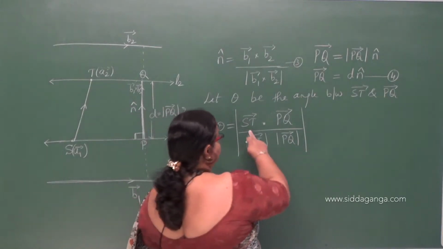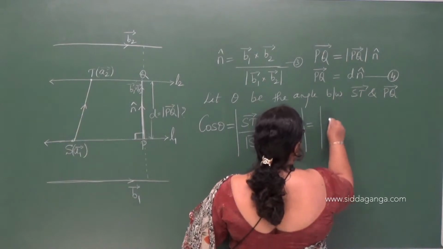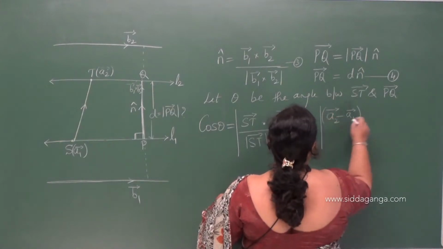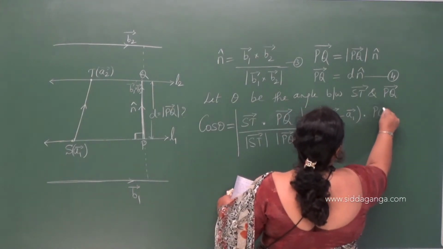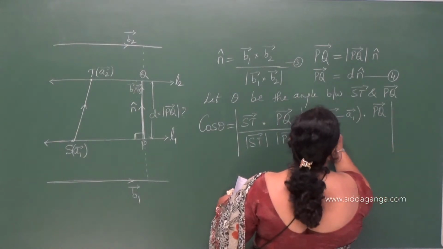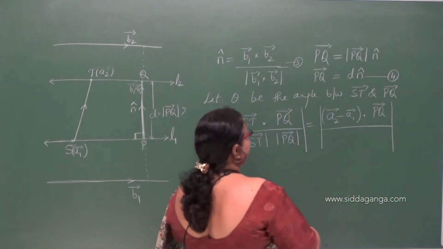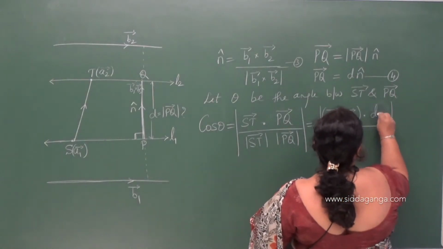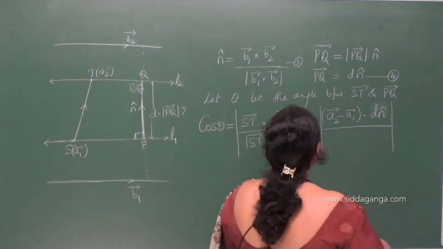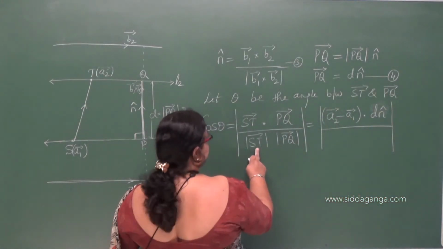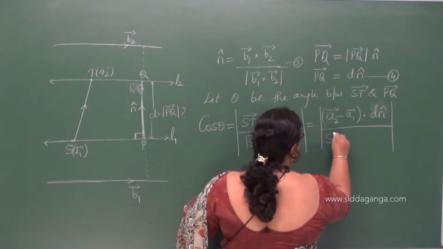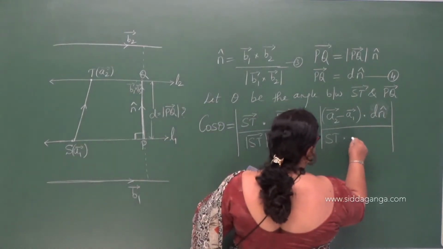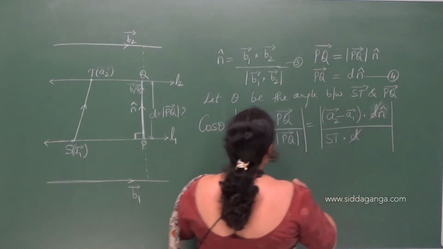So here ST vector position vector ಗೆ ಬರೆದ್ರೆ A2 vector minus A1 vector dot vector PQ, divided by, so PQ vector ಇಲ್ಲಿದೆ ನೋಡಿ equation, ಅದನ್ನ you can write it as D into n cap, divided by magnitude of ST. Magnitude of PQ is nothing but D, so D into D. E D cancel ಆಗುತ್ತೆ.